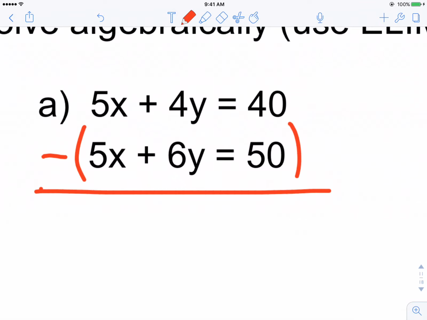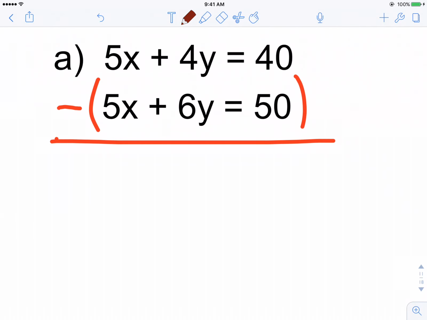And I simply go, well, I say simply, 5x minus, or subtract 5x is equal to 0x.